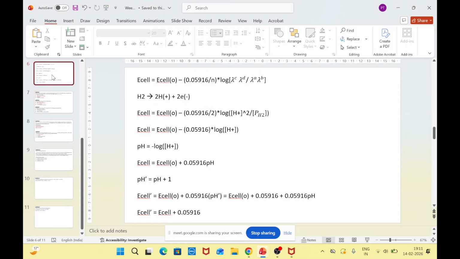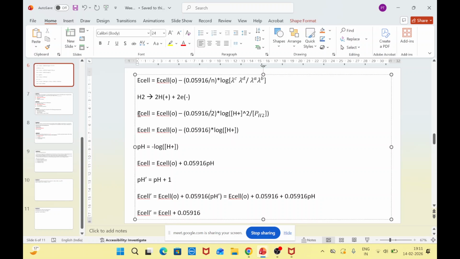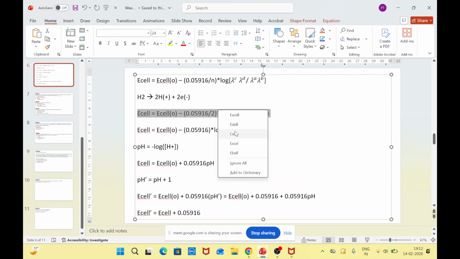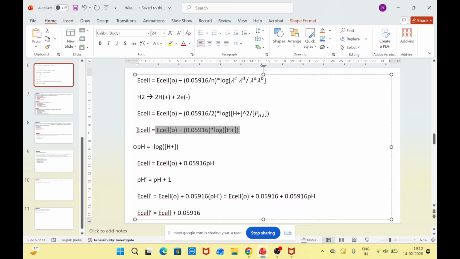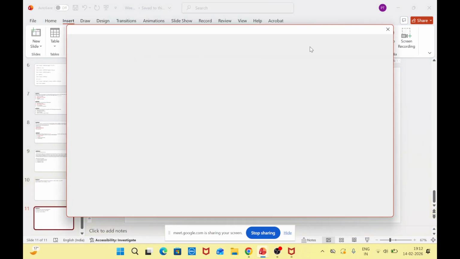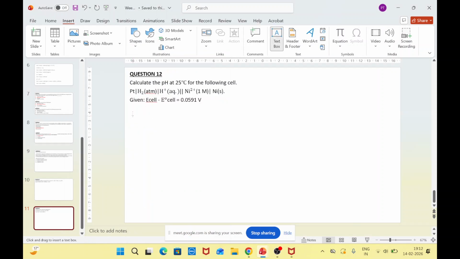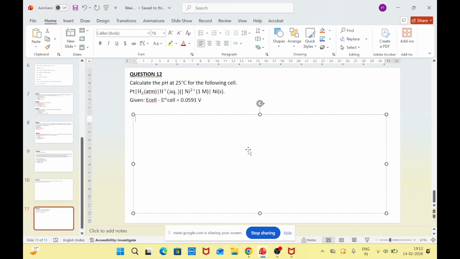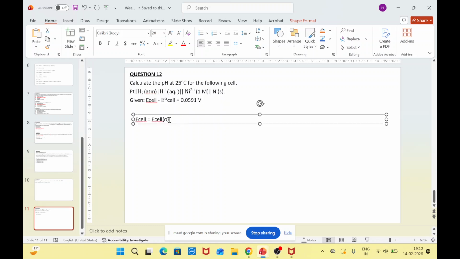Let me use the equation that was here. You can write E cell equals E naught cell minus 0.05916, since the electrochemical cell is operating at 25 degrees Celsius.